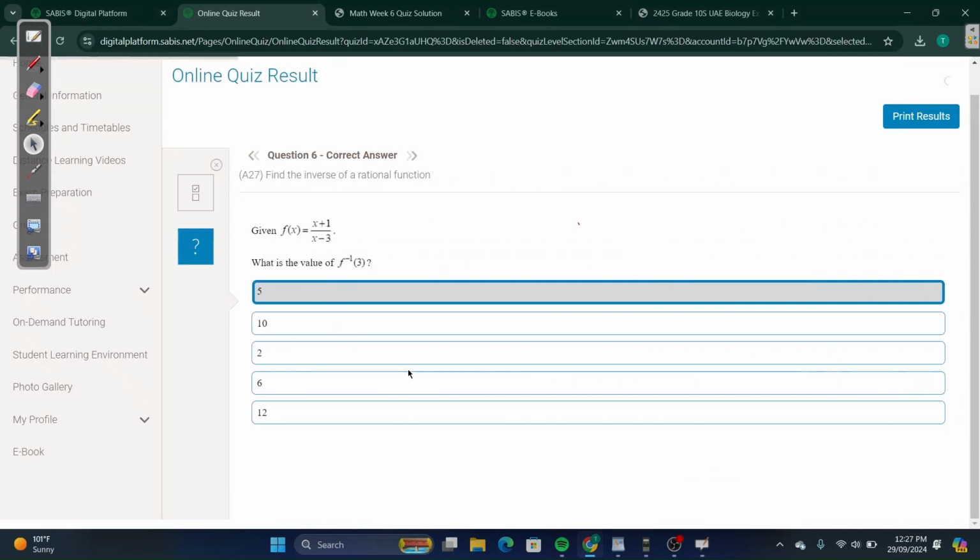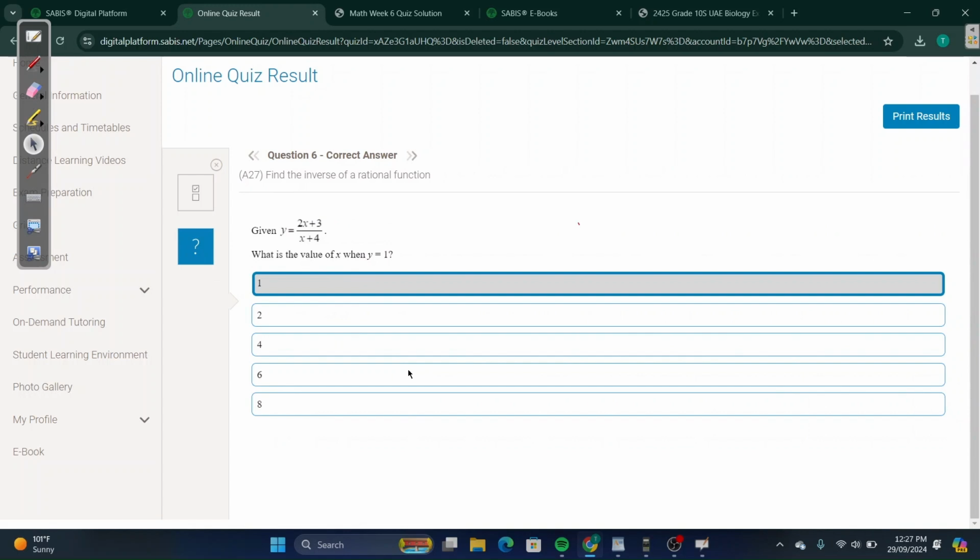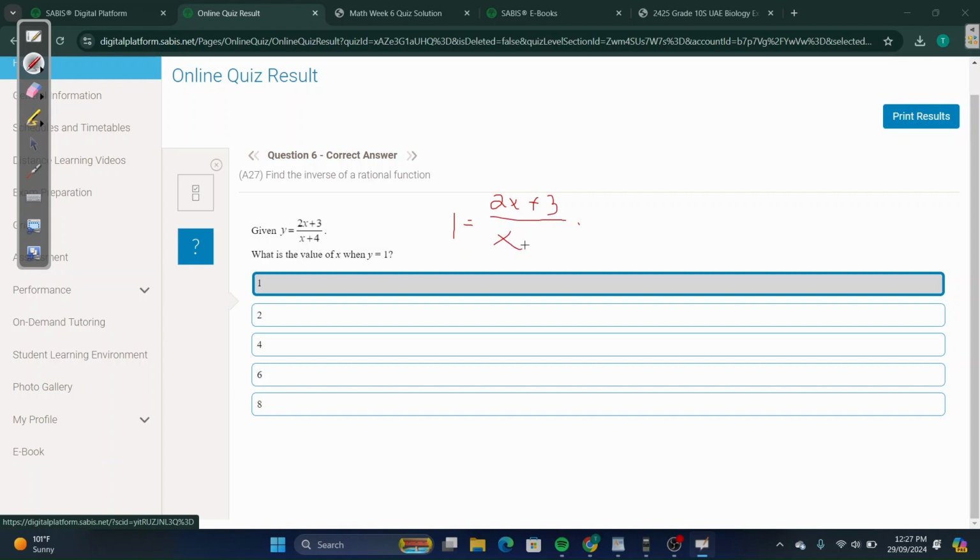Okay. Question 6. Given y equals 2x plus 3 over x plus 4, what's the value of x when y equals 1? This is easy, just swap y with 1, so 1 equals 2x plus 3 over x plus 4. So multiply by x plus 4 on both sides. I don't have to repeat this again.